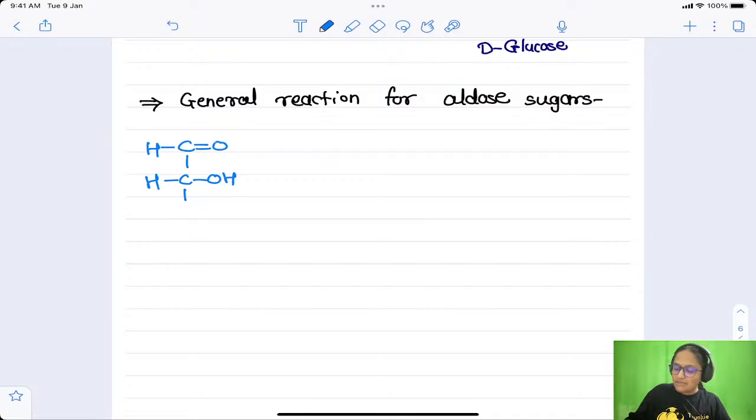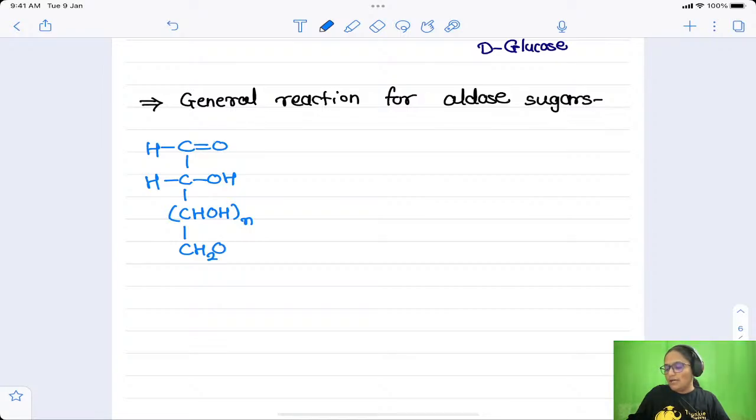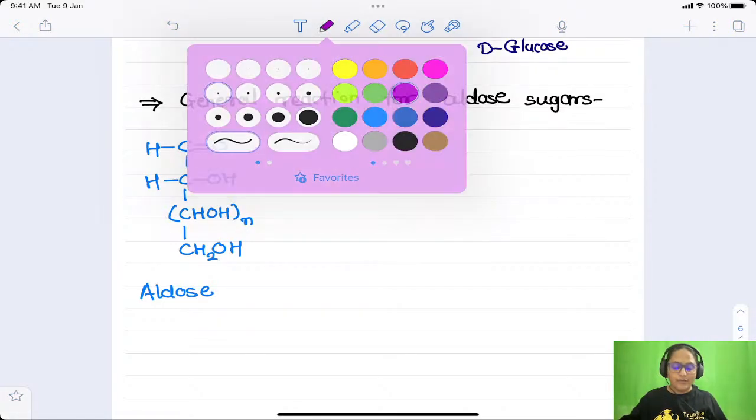So for the rest of the structure I will write CHOH bracket n. n will be different for each aldose: n will be 2, 3, 4 and so on. So this is the aldose sugar, and CH2OH will be common in them, just the number of CHOH will be different.